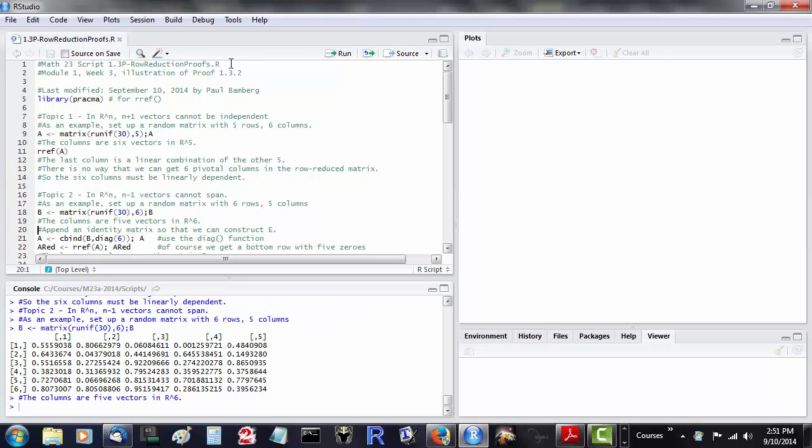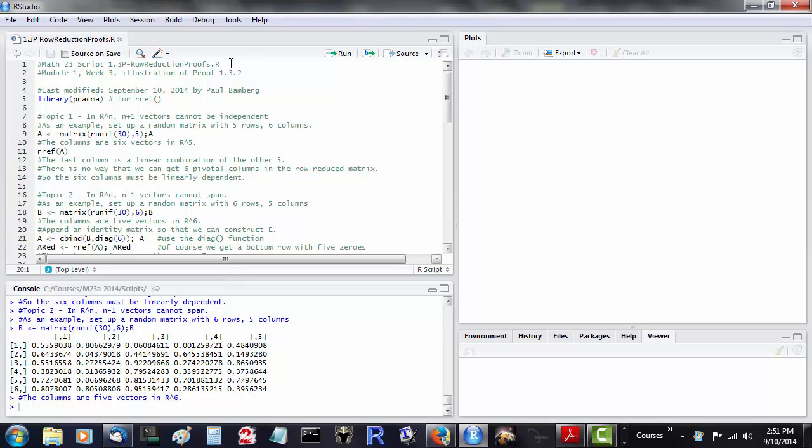I want to row reduce it, but I know in advance that I'm going to have to talk about elementary matrices. And so I want to construct explicitly the product of elementary matrices, which we call E, that does the row reduction. I do that by slapping on the 6 standard basis vectors in R6.